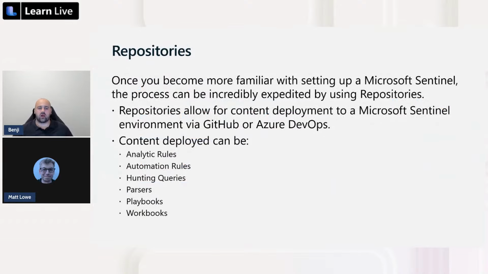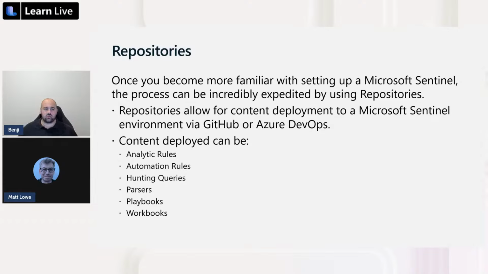For those who are fans of CI/CD, fans of code and want to deploy everything as code, we actually have integrated repositories inside of Microsoft Sentinel that give you the possibility to connect directly to GitHub or Azure DevOps and pick up all the analytic rules, automation rules, hunting queries, parsers, playbooks, or workbooks from the repository and deploy to Sentinel.